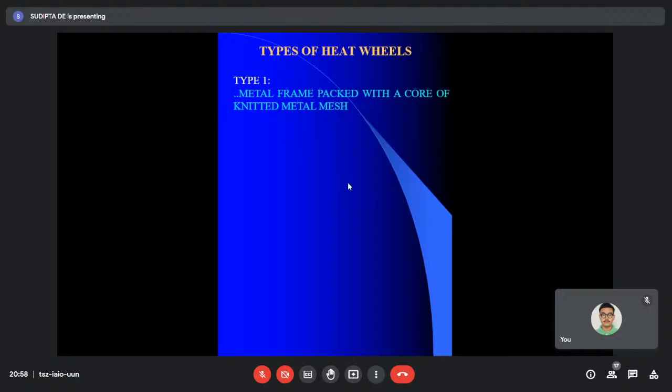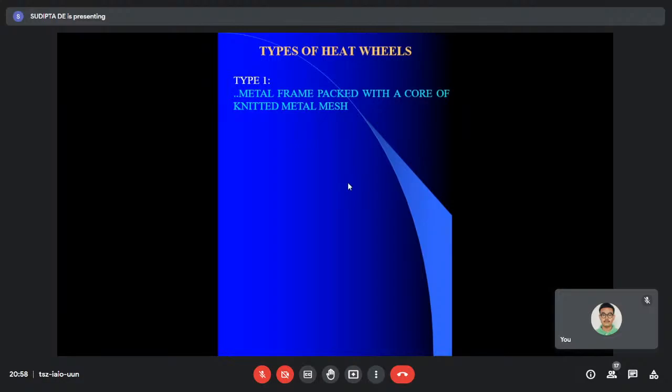So not much heat transfer can happen. But if those holes are filled up with steel wool or any conducting metal wool, then when the gas passes, the effective surface area of heat exchange increases significantly, because the knitted metal mesh increases the overall surface area of heat exchange.